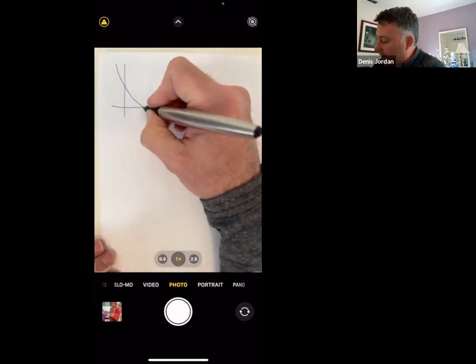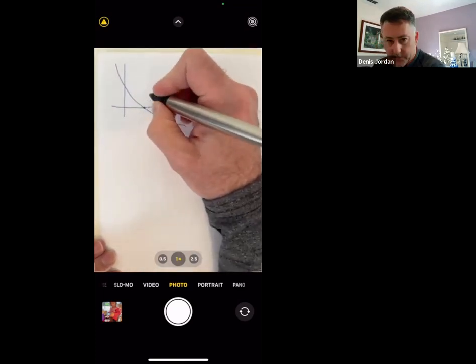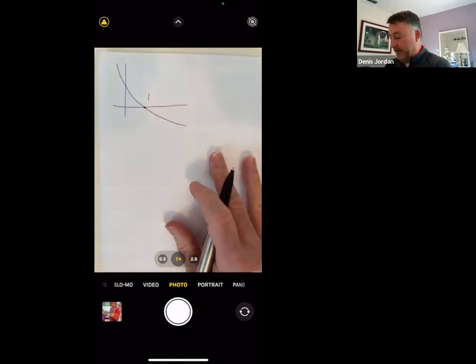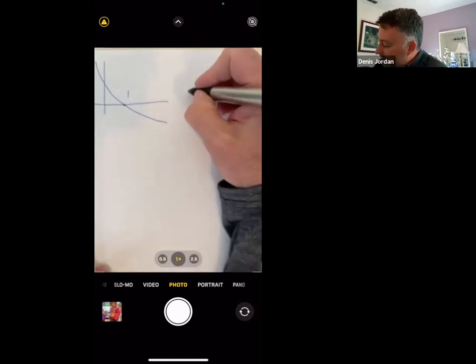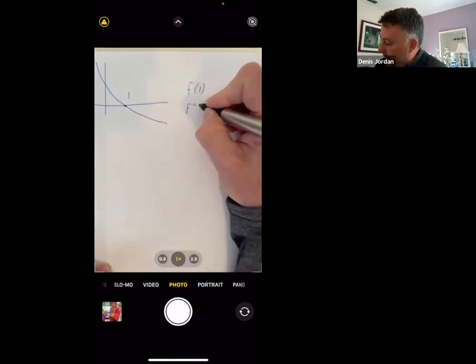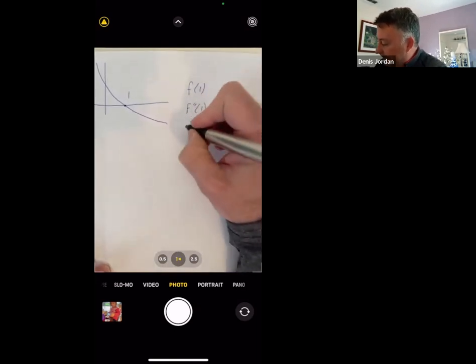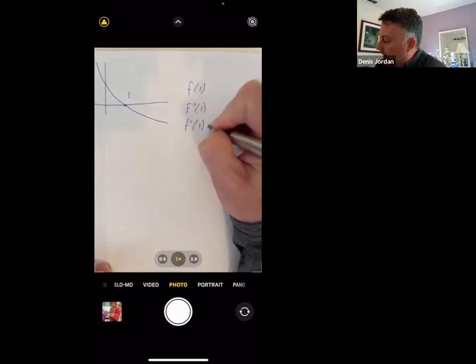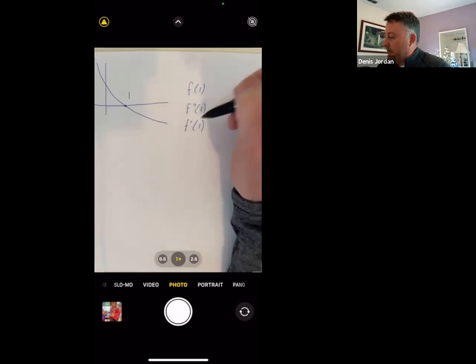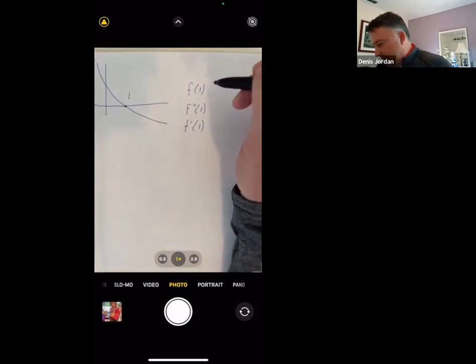It gave you a curve and a single point, and it wanted you to order three different values: the function value, the derivative value, and the second derivative value. It wanted to know which one was the biggest, which one was in the middle, and which one was the smallest.